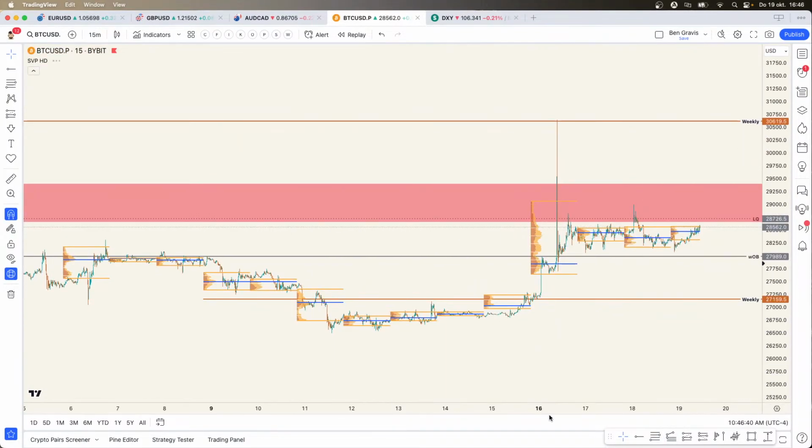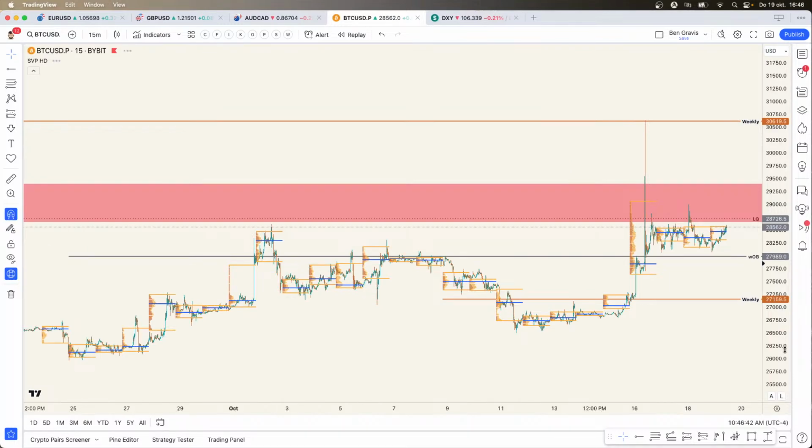Let me just check if there are any volume point of controls open.